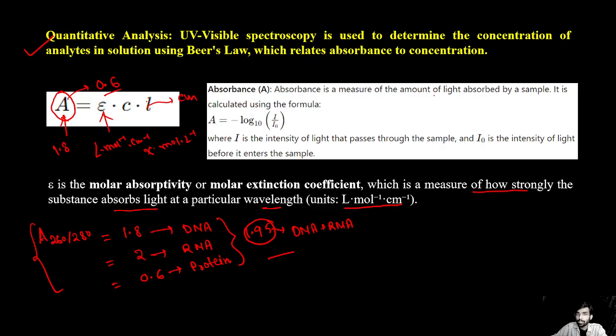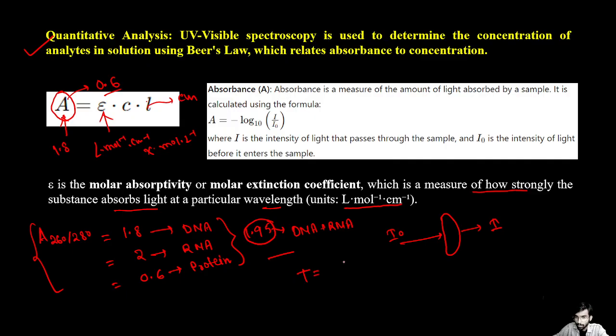The absorbance is a measure of the amount of light absorbed by a sample. And what I was telling earlier, suppose this is the sample, here the light is coming, the incident light intensity is I0, and when the light has passed through the sample, its intensity is I. Now you can calculate the transmittance. What is the transmittance?